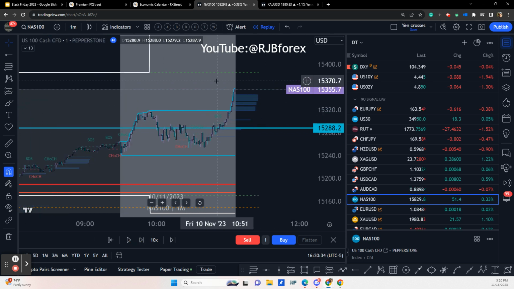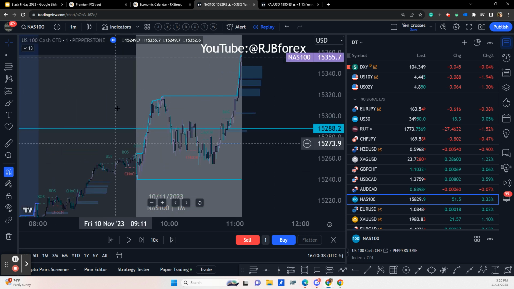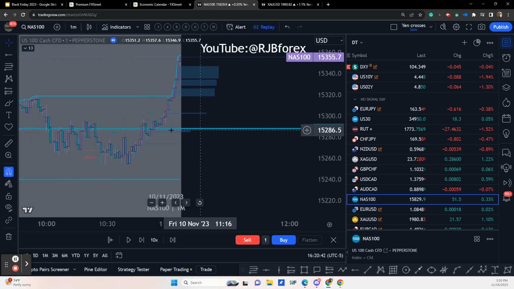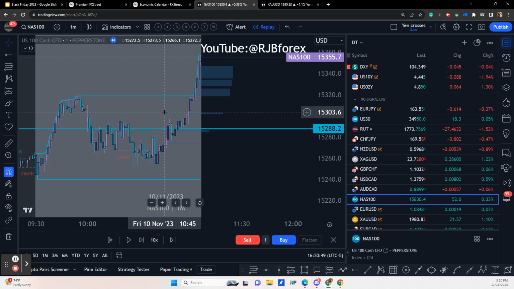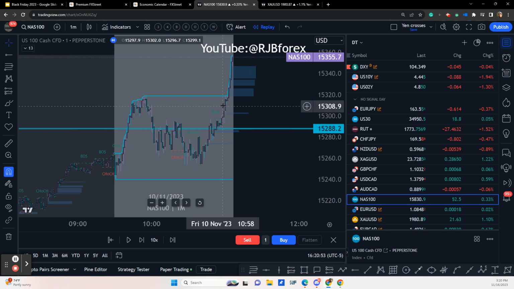Now, as you can see, at this point, where it's failed, it's come back, built up, broken structure, and continued. And that's the trade. And it depends on timings as well, but I want to go through that at a later stage. But I just want to highlight how we're using levels to trade from.